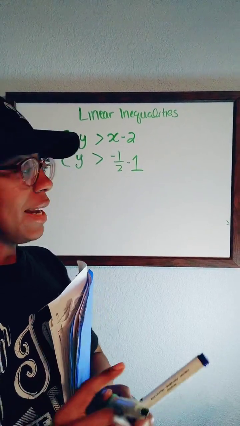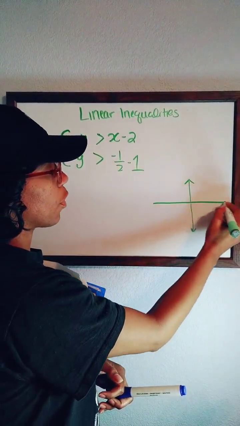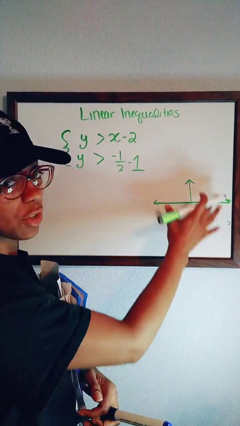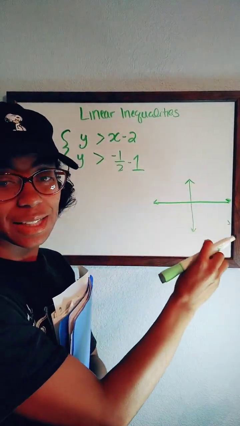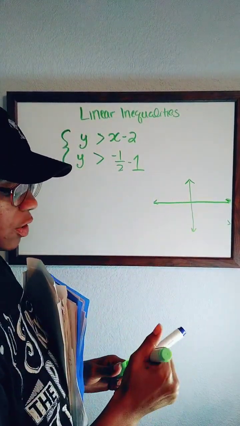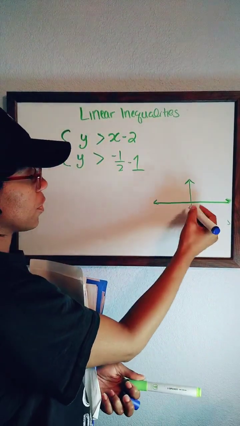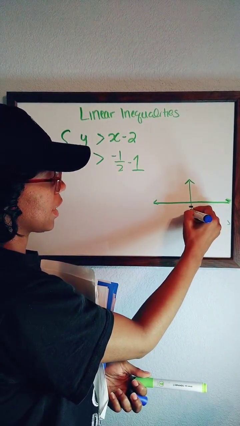Good. Now, we're going to plot both of these lines on the coordinate plane. Both of these lines are going to go on here. Let's go ahead and do my first line, which is y is greater than x minus 2. So I'm going to start down here at negative 2.